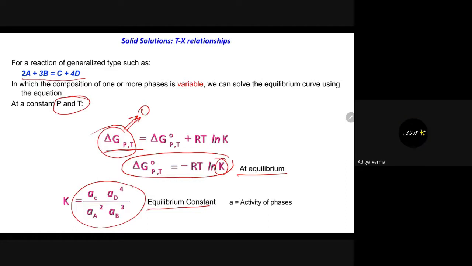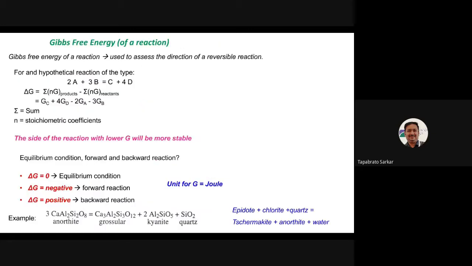Okay. Sir, can you please repeat once again why del G PT is 0? Del G PT is 0 because the reaction is in equilibrium. We just saw in the previous one, right? If del G equals 0, which means that the G of the products is equal to the G of the reactants, which means 2A + 3B = C + 4D is in equilibrium, which means A, B, C, D are in equilibrium with each other.